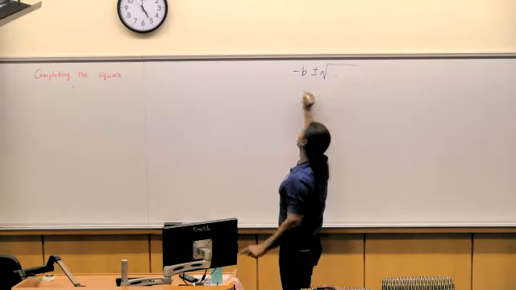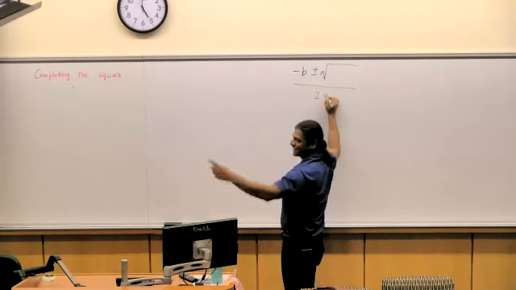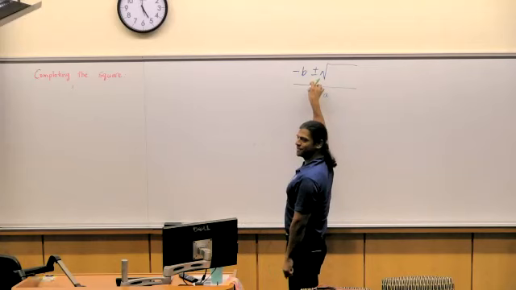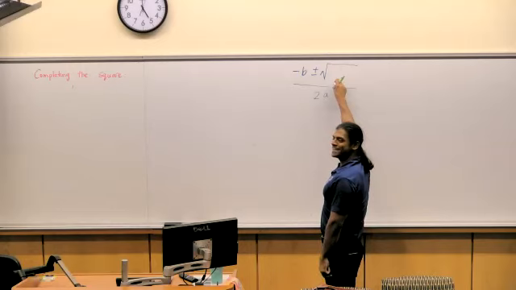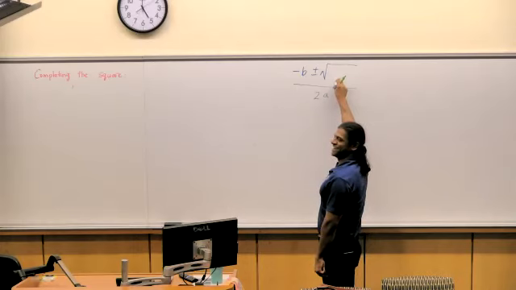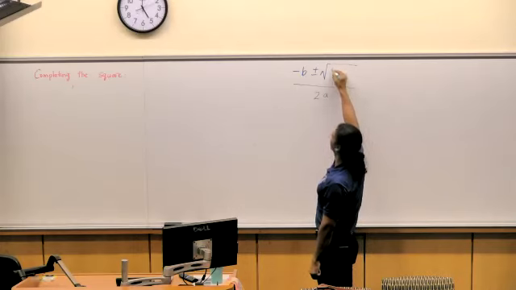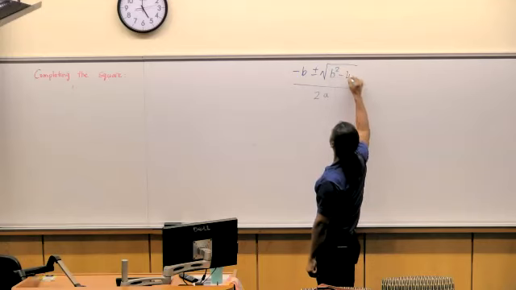Okay, all over 2a is correct. Negative b is correct. Plus or minus is correct. What goes in there? b squared minus 4ac. Yes, this could be on the exam.